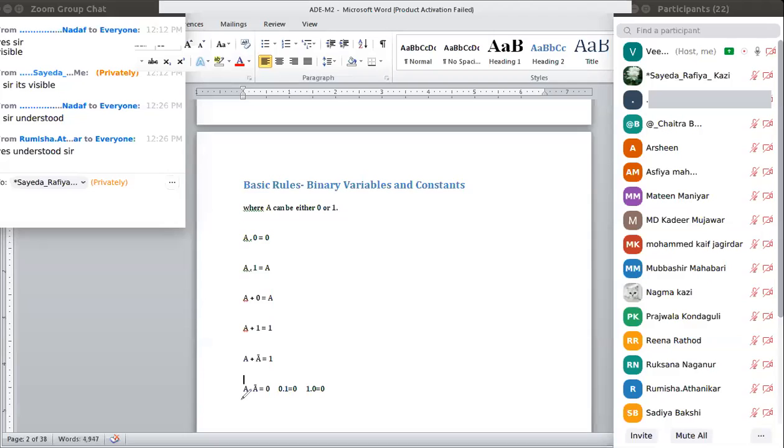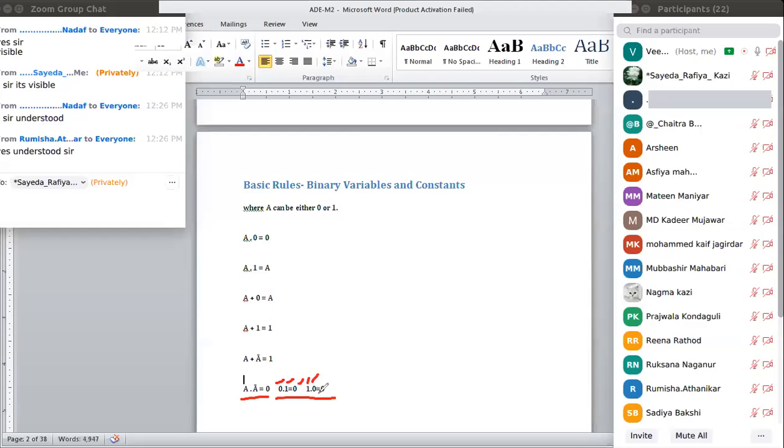Then A dot A bar is always 0. Here it is an AND function. A dot A bar is equal to 0, always 0. How come it is possible? Let us consider A. If A is 0, A bar is 1. 1 into 0 is 0. If A is 1, A bar will be always 0.